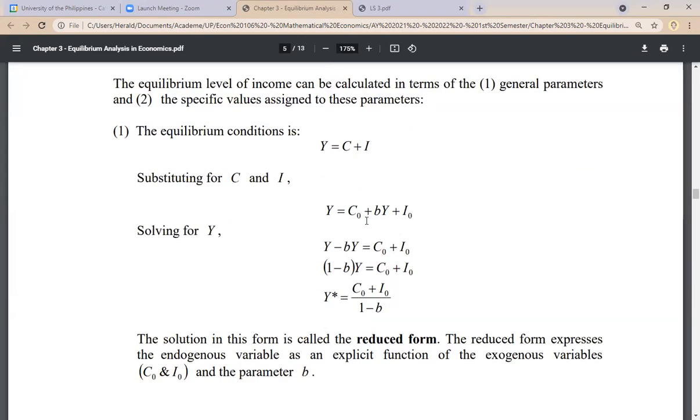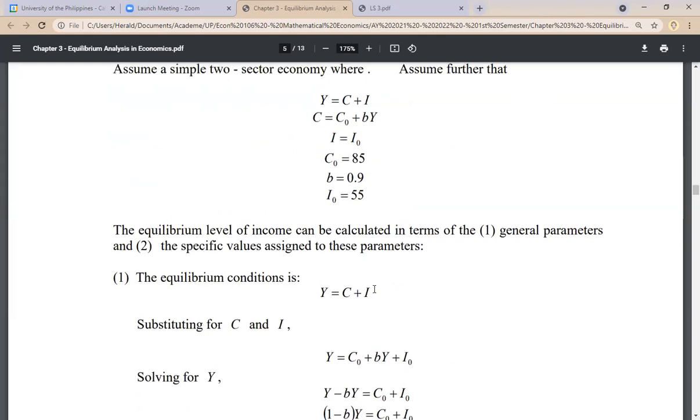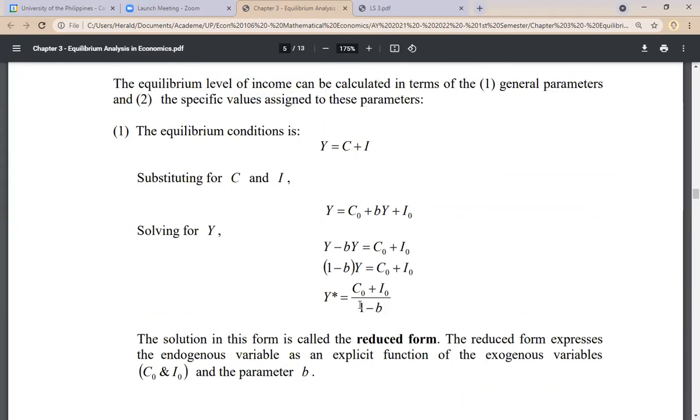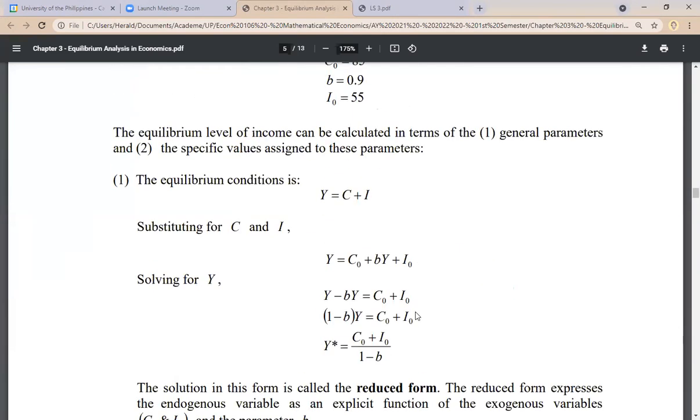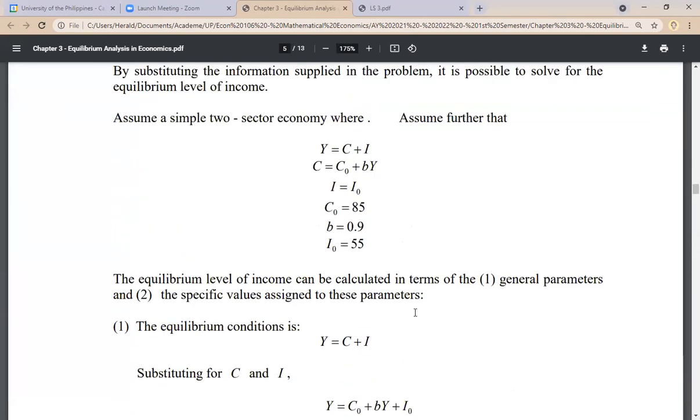Which part in this exercise? Okay. Because in this exercise, we only have a two-sector model, we're only dealing with two sectors in the economy. And so that is a simplified version, which is only composed of consumption and investment. So that's why we are not dealing with government expenditures or spending, because we reduced our analysis into a two-sector economy. Okay po, ma'am. Thank you, ma'am.